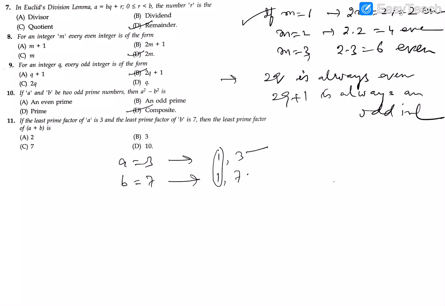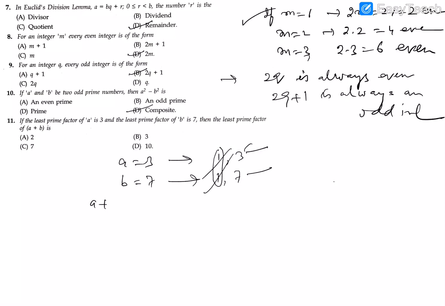So only prime factors of a and b are 3 and 7 here, which is least also, because the factor 1 from both the numbers has been removed. So 3 and 7 will be respectively the least prime factors of a and b, where a is equal to 3 and b is equal to 7.